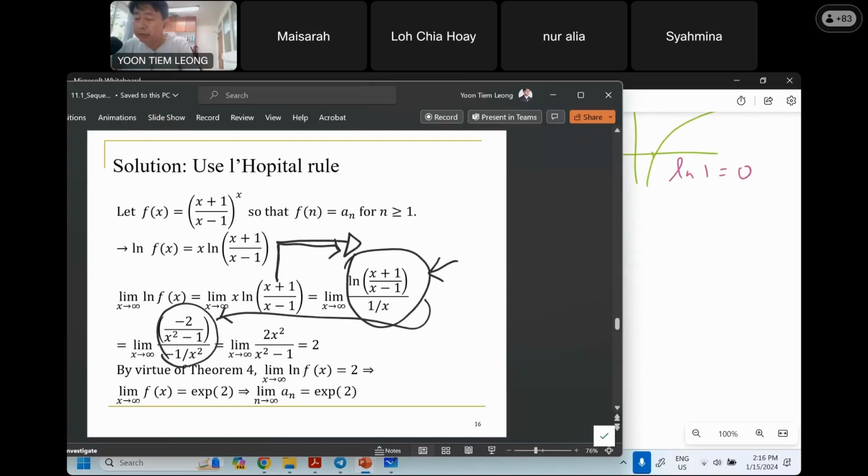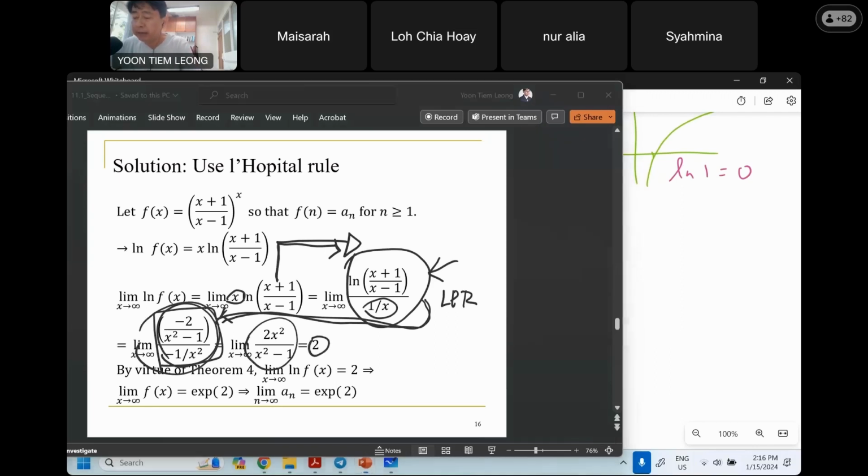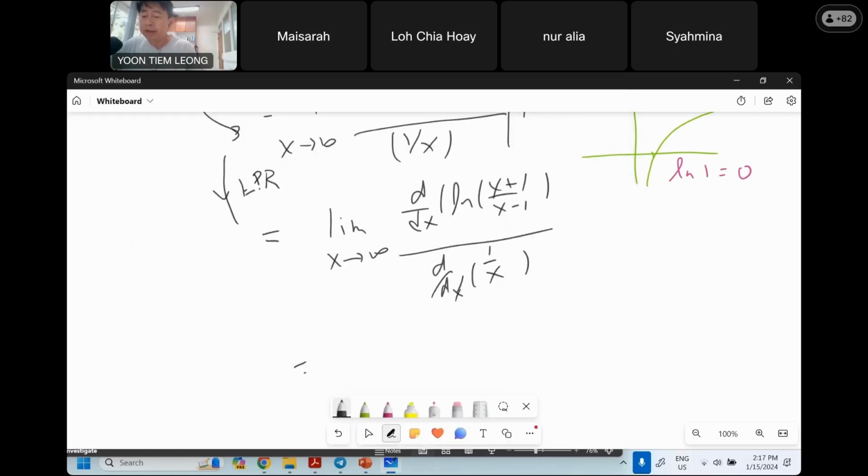From here to here, I am just rearranging x to become 1 over x. Then I apply the L'Hopital rule. Then this term will be transformed into this form after the L'Hopital rule. Making some small rearrangement, this expression will be expressed as this. In the limit when x goes to infinity, I obtained a limit of 2. So when I come back to here, it is found that the limit is just equal to 2.